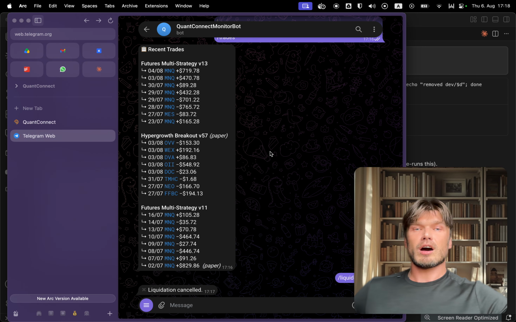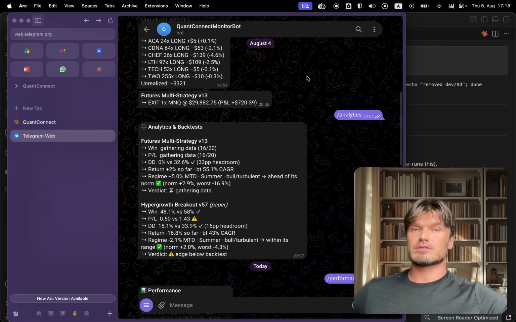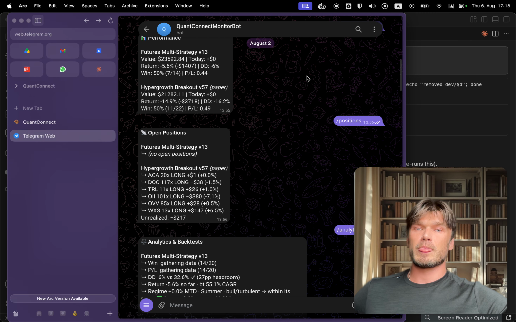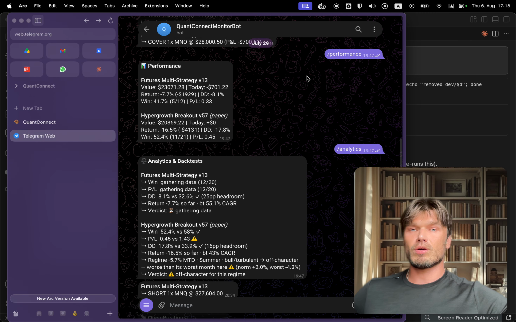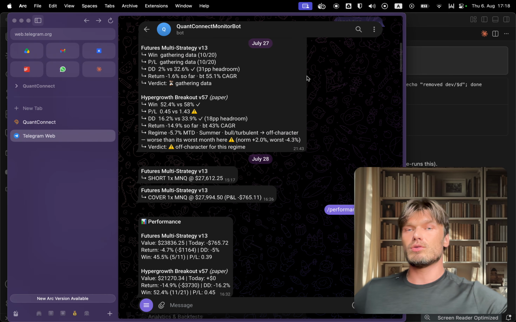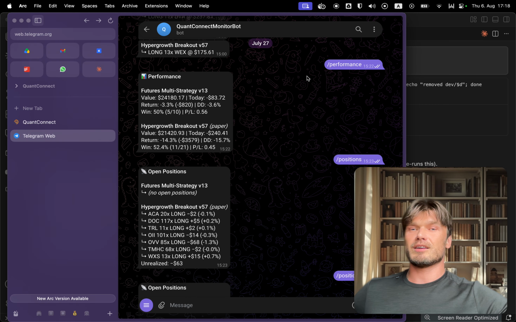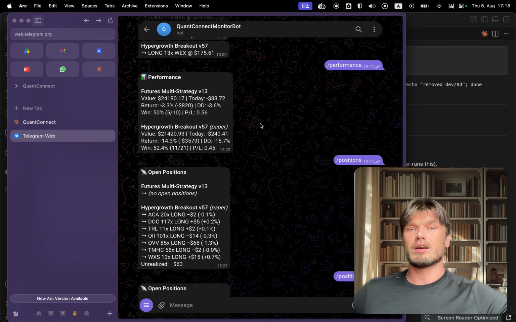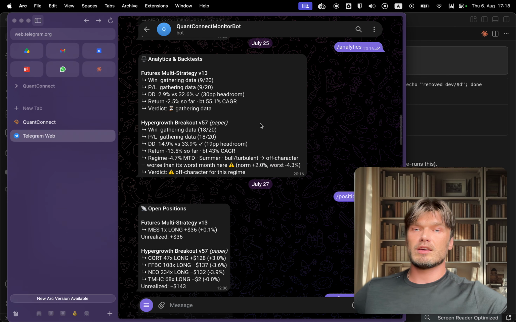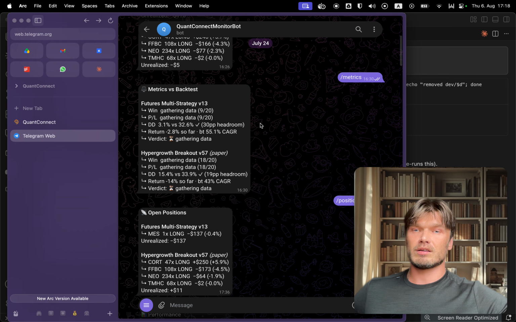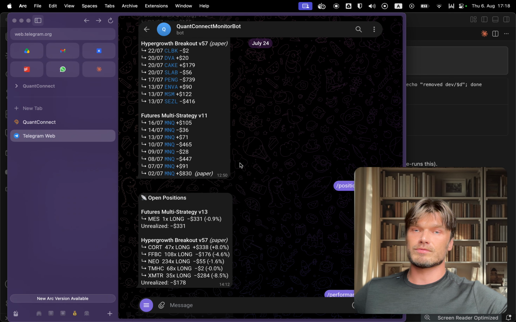And this is how I'm keeping an eye on all my QuantConnect strategies. As you see, with a small glance at my Telegram, I can see what's going on, which trade I took, which strategy is performing, which is underperforming. It also shows me alerts when something goes very wrong.